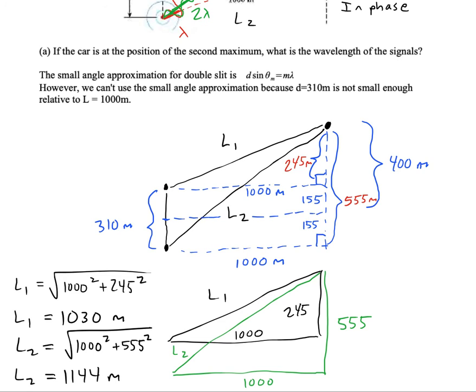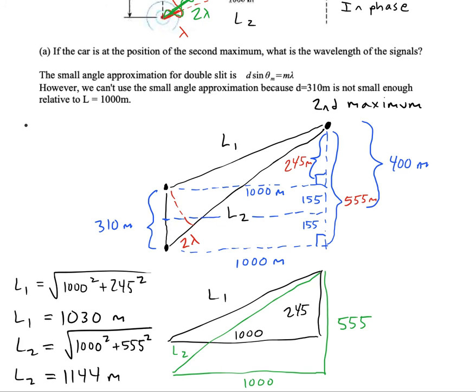Now, since we're talking about the second maximum, it implies that the difference between the paths must be 2 times the wavelength.